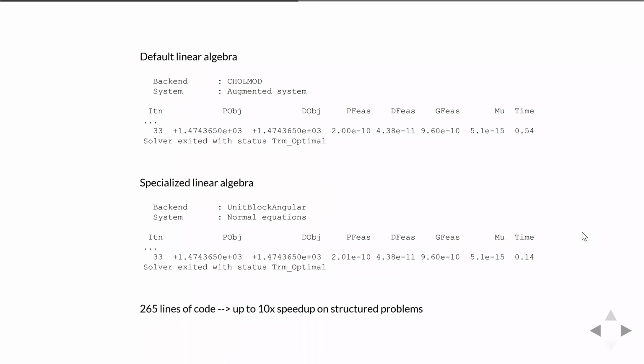The whole unit block angular package is 265 lines of code, including docstrings. And just by doing that, you can get up to 10 times faster on problems that have that particular structure. So you can get very good improvements for a very cheap cost in terms of how much code you need to write.